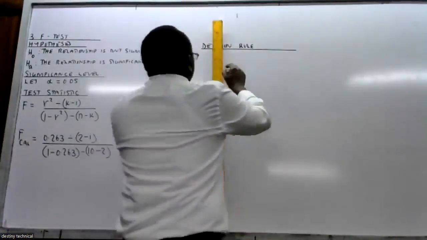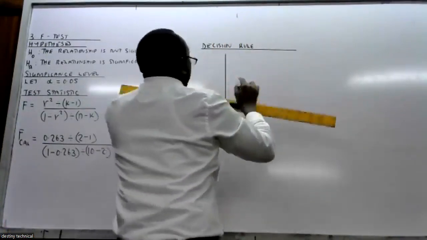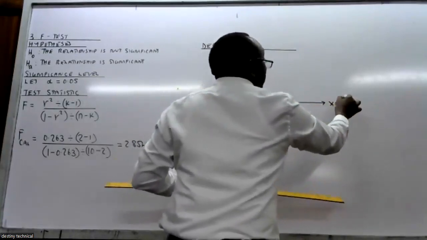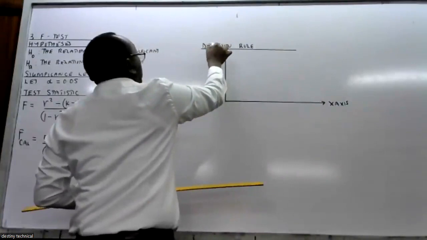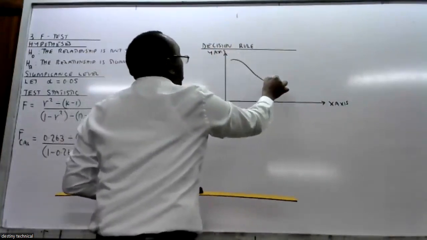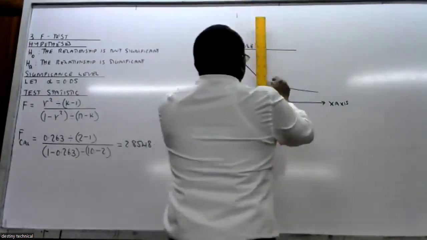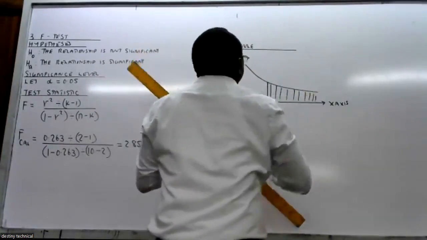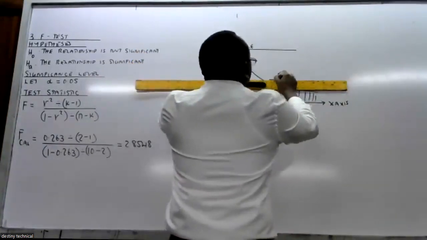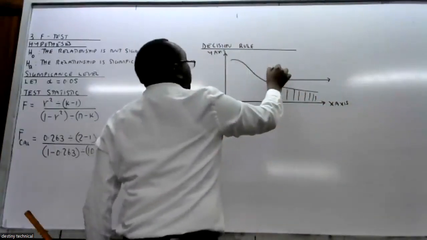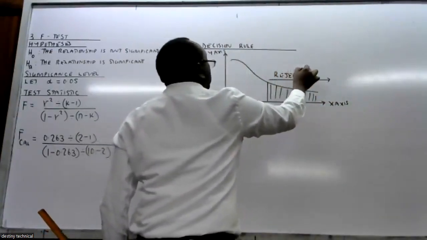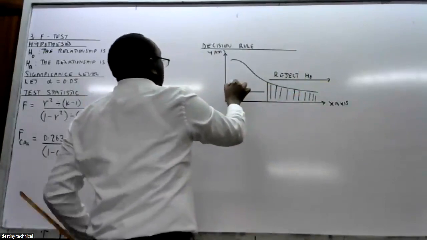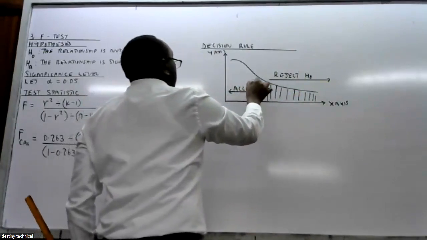And in this decision rule, we draw something like a small table. This is called x-axis. This is called y-axis. Then here we say reject null, and here we say accept null.